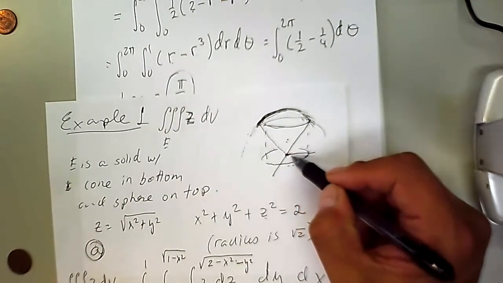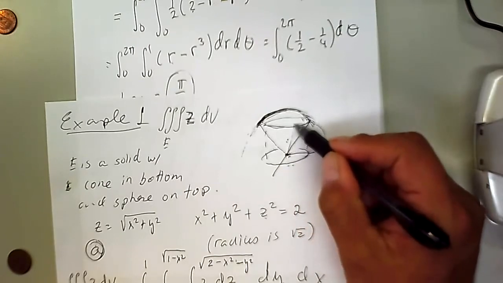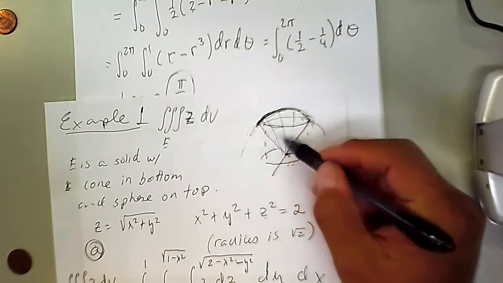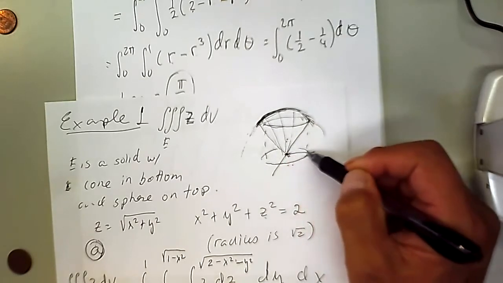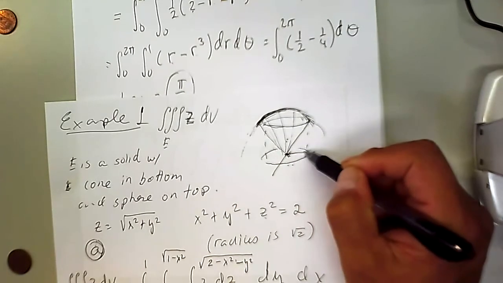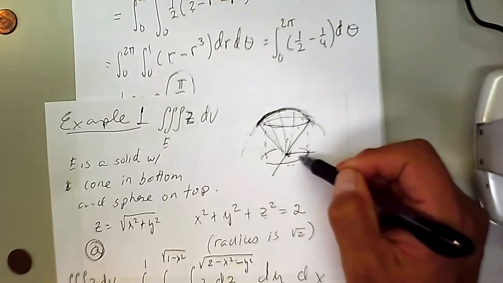Okay, so rho goes from here all the way out to here in every direction. So rho goes from 0, not to 1. Mind you, 1 is shorter than that because this is a diagonal. 1 is this, the shadow of the ice cream cone on the floor. The radius is 1.